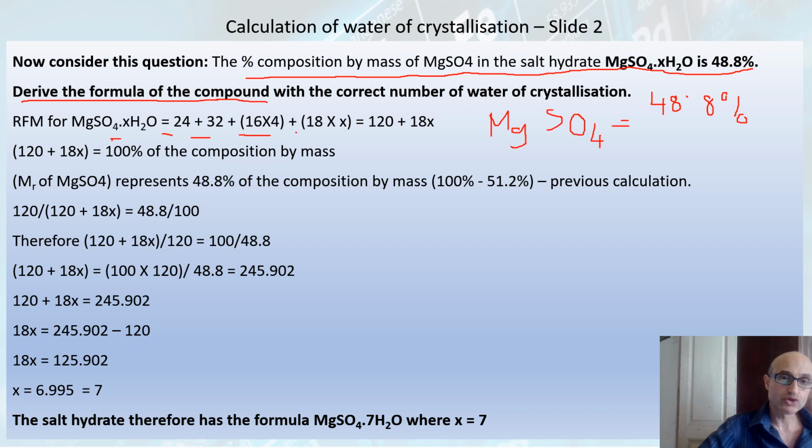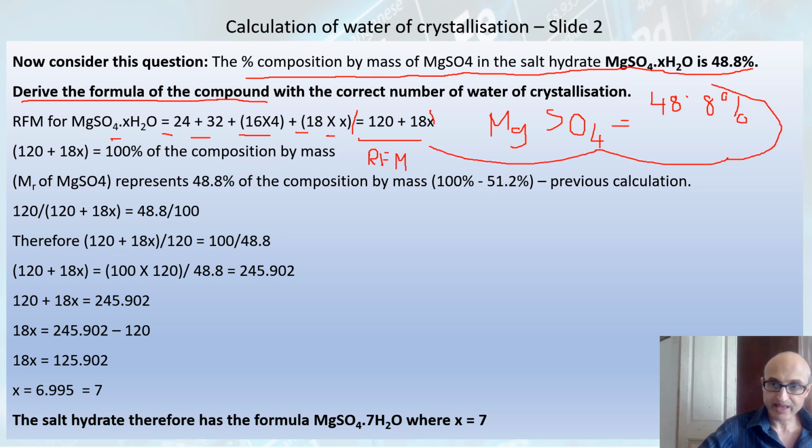But I do not know how many water molecules there are within the hydrated magnesium sulfate, so I multiply that 18 by X. So my relative formula mass for my hydrated magnesium sulfate is represented by 120 plus 18X. This is the relative formula mass, and I will write it over there for MgSO4.xH2O.